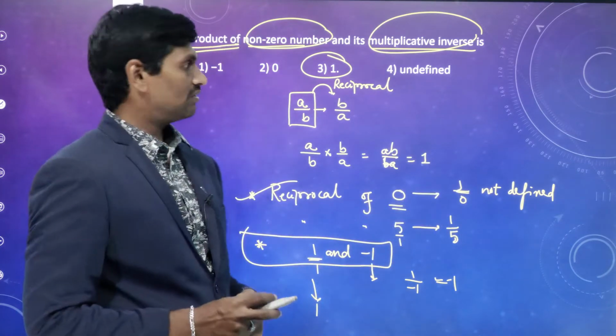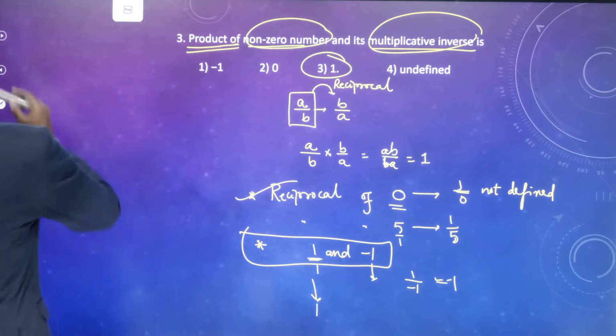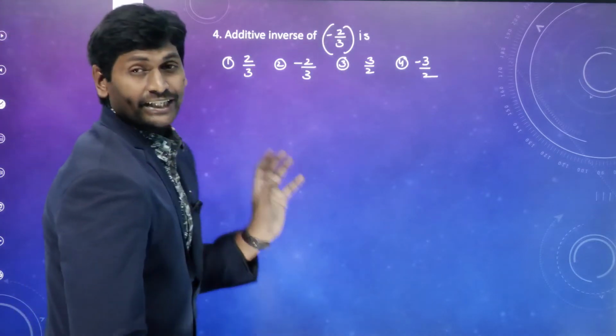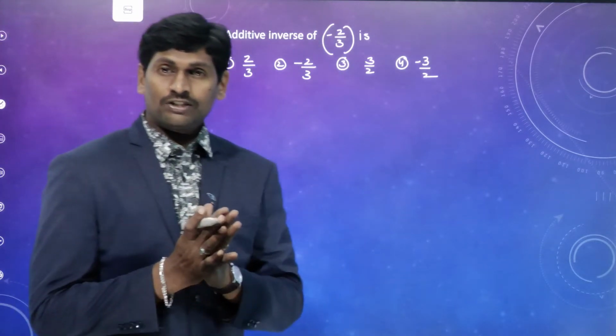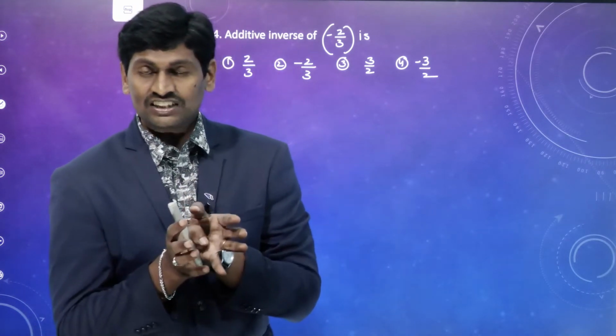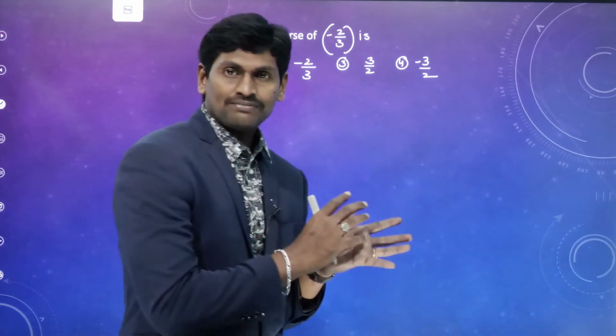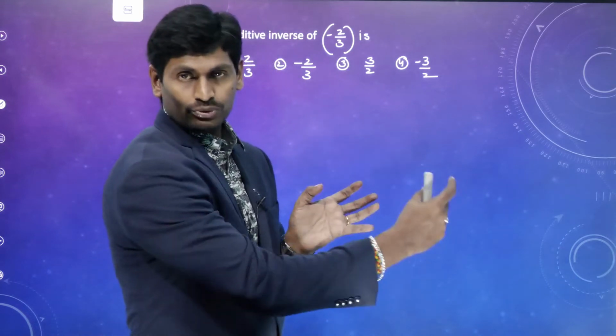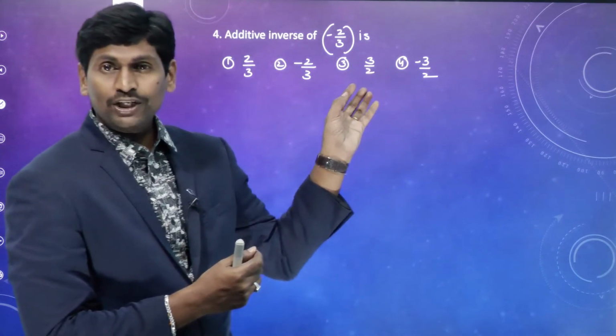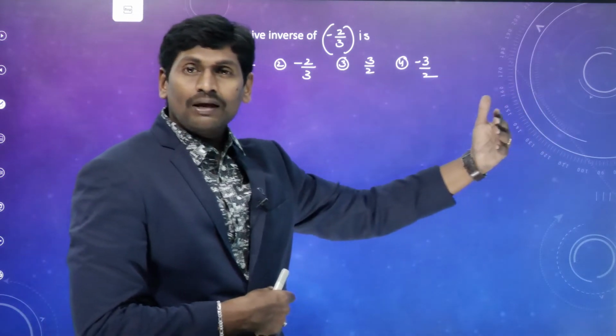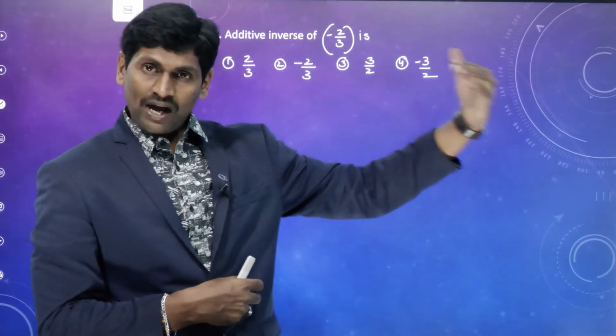Next question. Let us go to the next problem. Additive inverse. Additive inverse means only a change in its sign. Sign is nothing but the symbol. Minus a by b has additive inverse plus a by b. Plus a by b has additive inverse minus a by b.